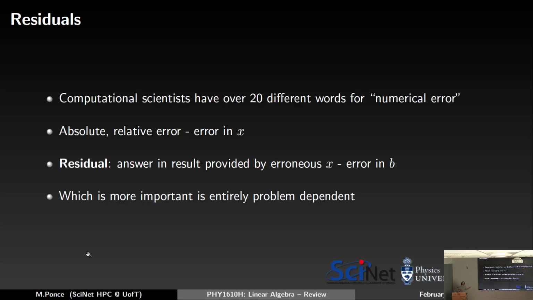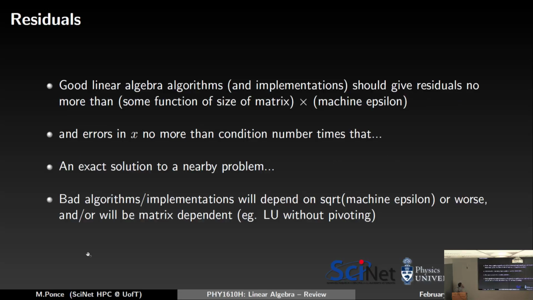Which is the best way to quantify this error? It may depend on the problem, the technique, and the algorithm and its implementation. So these are just some general remarks. Good linear algorithms and their implementation should give you residuals no more than some function of the size of the matrix, which is very important, times the machine epsilon.